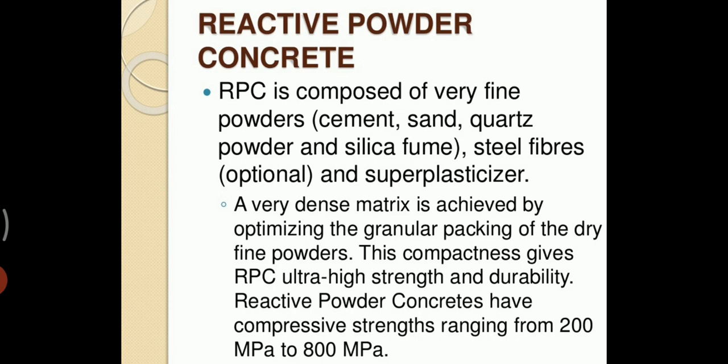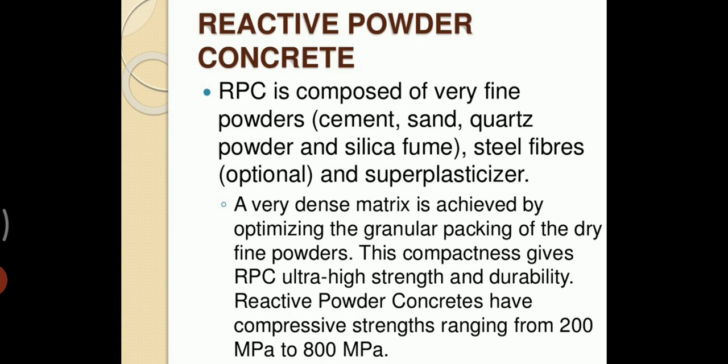A very dense matrix is achieved by optimizing the granular packing of the dry fine powders. This compactness gives RPC ultra high strength and durability. Reactive powder concrete has compressive strength ranging from 200 megapascal to 800 megapascal.